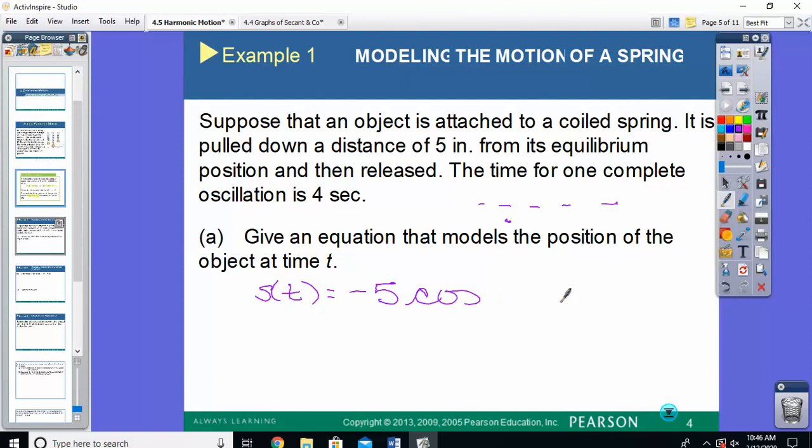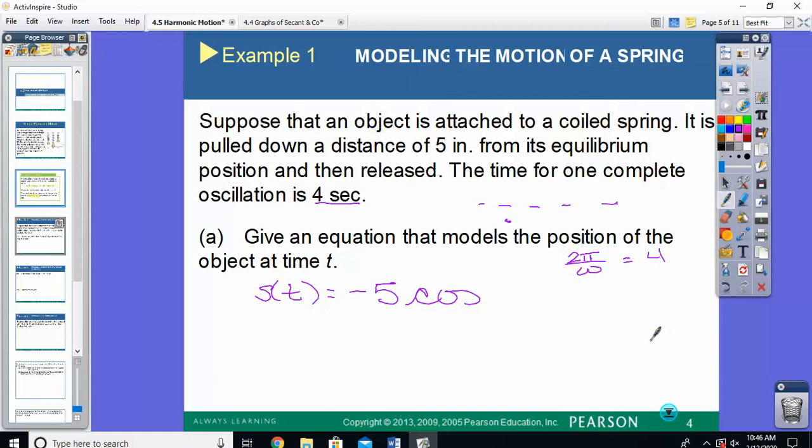And then we just have to find our angle here. We know that the time for one complete oscillation is 4 seconds. So what is 4 here? It's a period. So in terms of our equation, we always do 2 pi divided by the number in front of x, which in this case we're using omega, but you could put a b there, it doesn't matter.